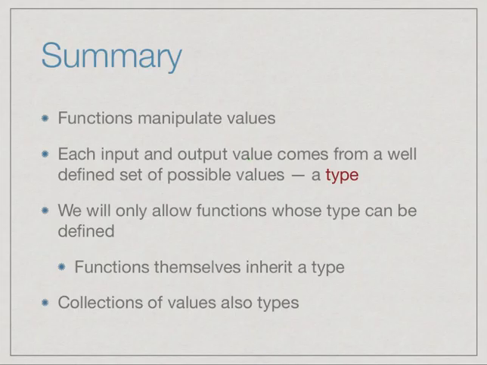Given the types of the input and the output, we saw that the function itself will have a type which is from the input type to the output type. And finally, we saw that it is important to have collections of values, so lists of integers or pairs of characters. We want to combine individual or smaller values into larger values which can store multiple values of the same type.